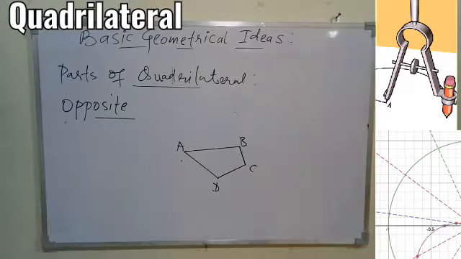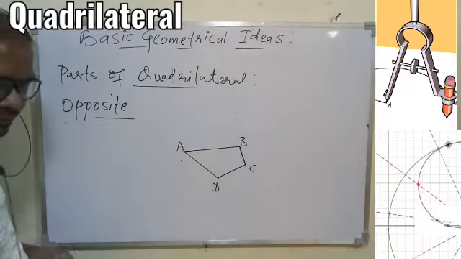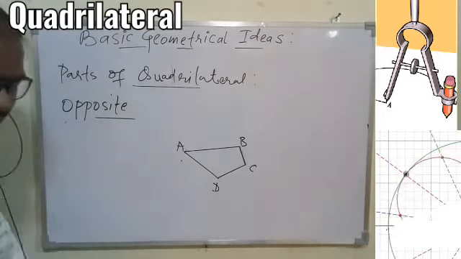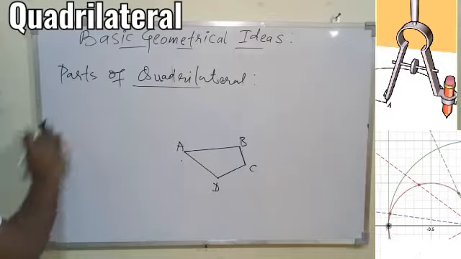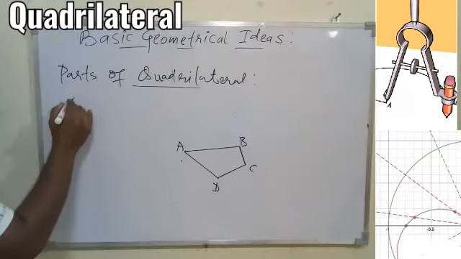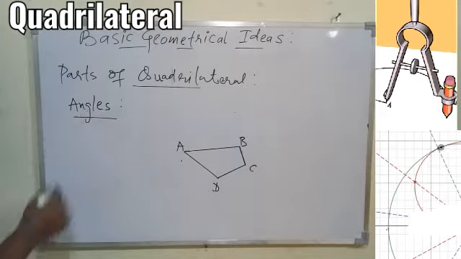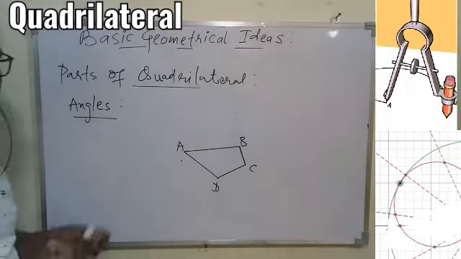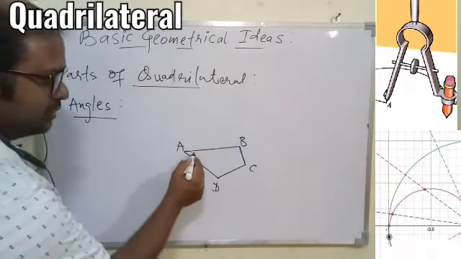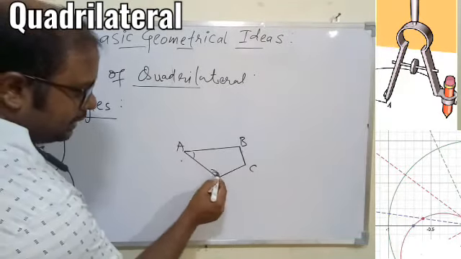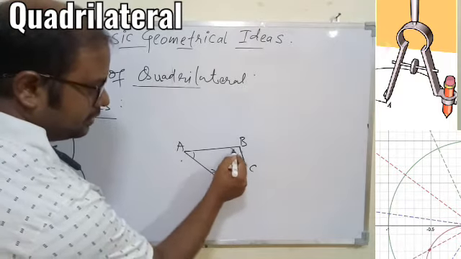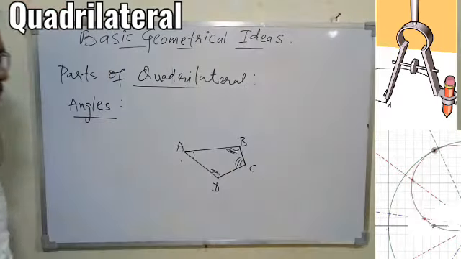Then we have opposite, but before opposite we can talk about angles. So in this quadrilateral, how many angles do you see? This is one angle, this is second, third and fourth.